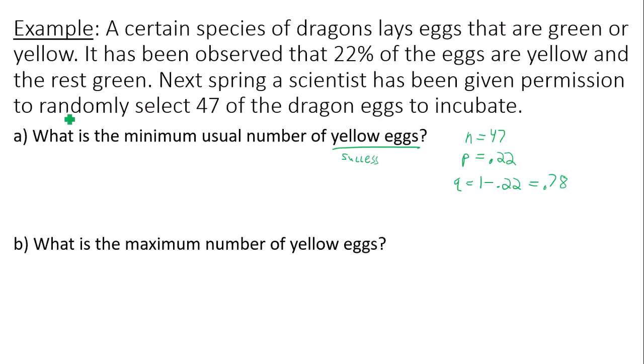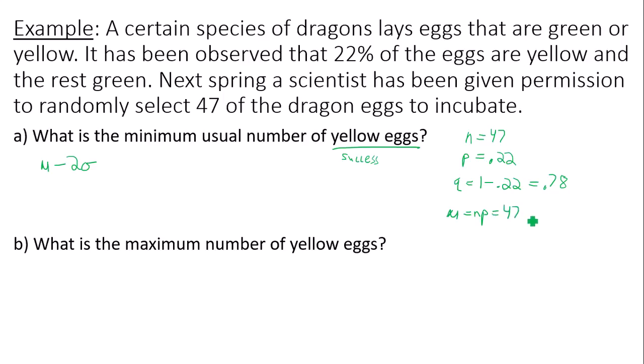So the general range rule of thumb says that minimum usual value would be your mean minus 2 standard deviations. So first we need to find the mean of this binomial distribution, mu. It's n times p.